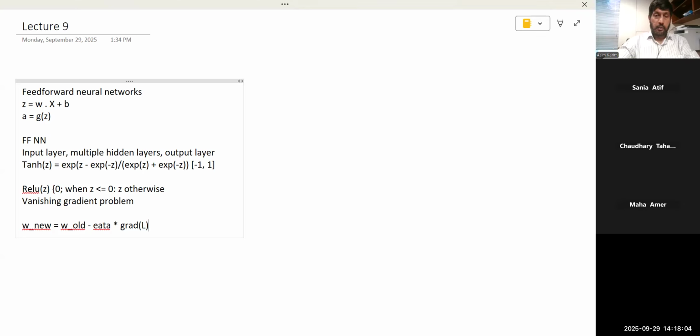That's why the rectified linear unit has been proposed and it has been used quite successfully. Of course, some tweaks are needed on top of it too; it doesn't work directly. You also have the problem of exploding gradients.